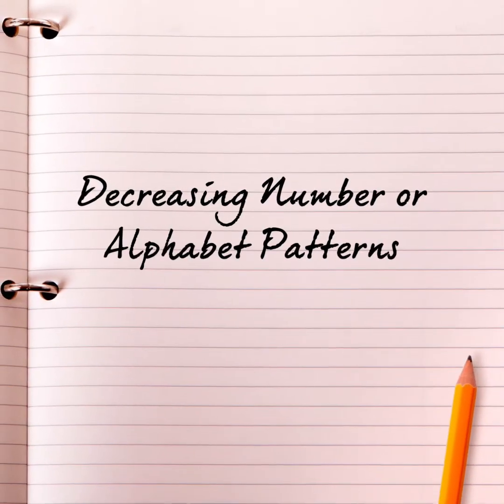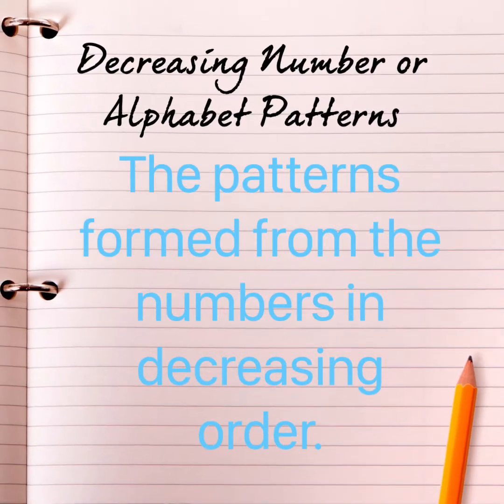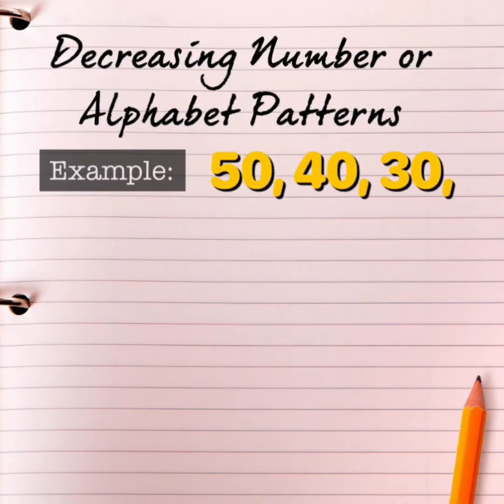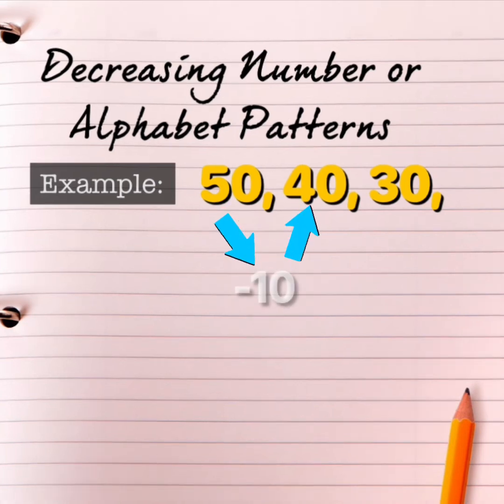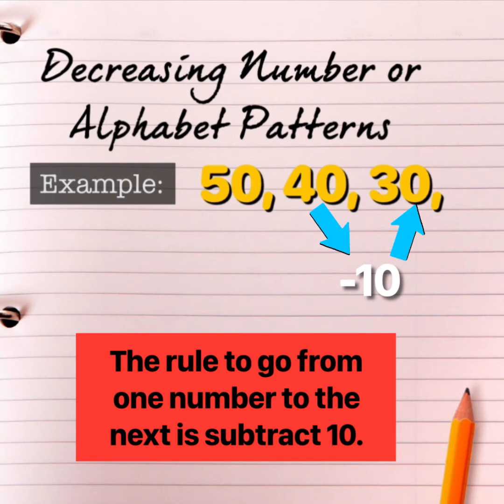Now next we have decreasing number or alphabet patterns. These are patterns formed from the numbers in decreasing order. Now students, look at this example: 50, 40, 30. Now you can see that we are decreasing by 10 here. See, 50 minus 10 is equal to 40. Similarly, 40 minus 10 is equal to 30. So the rule to go from one number to the next number is subtract 10.